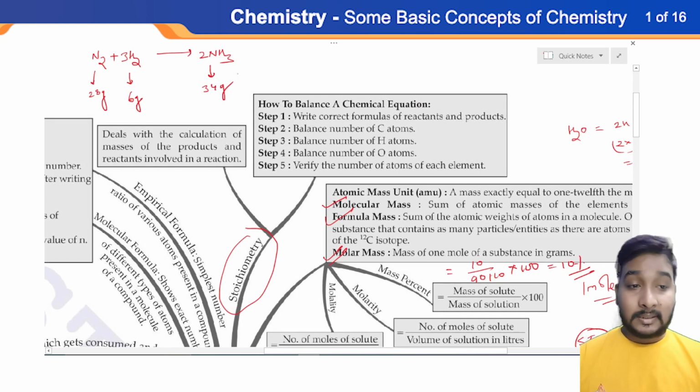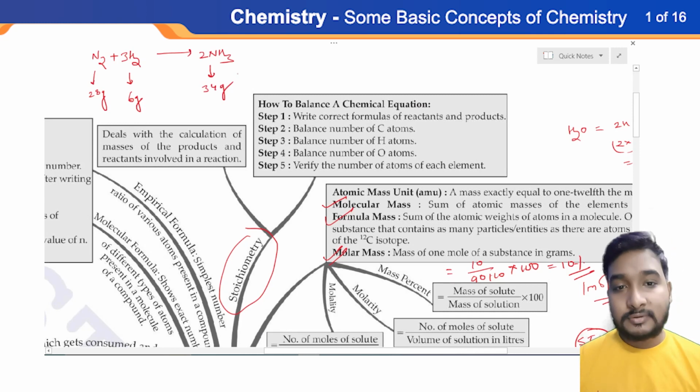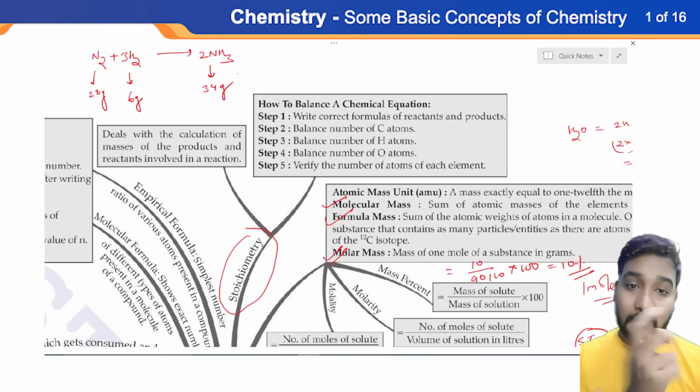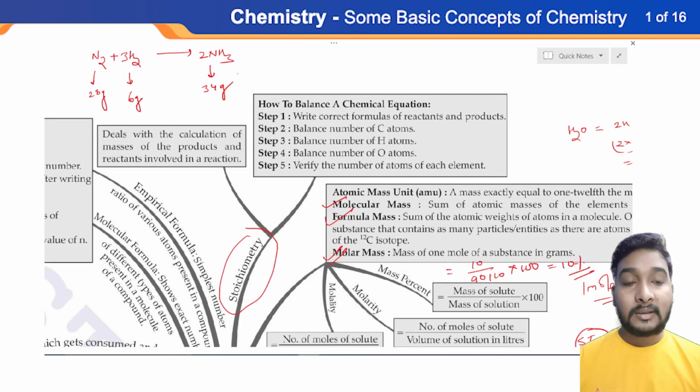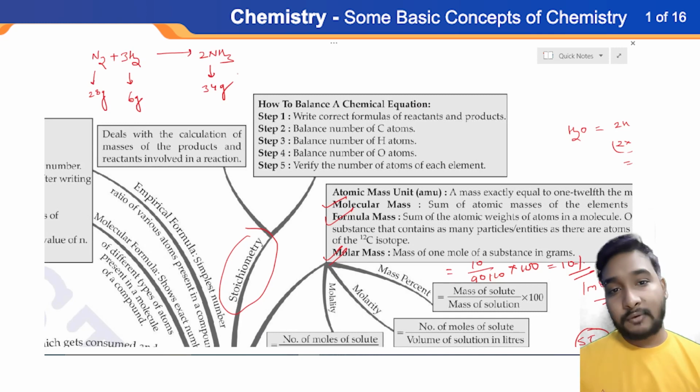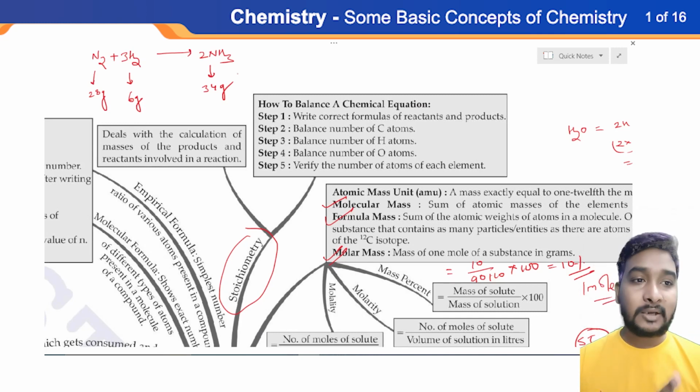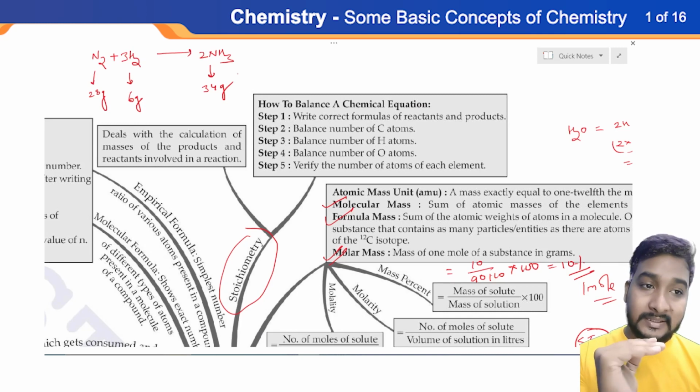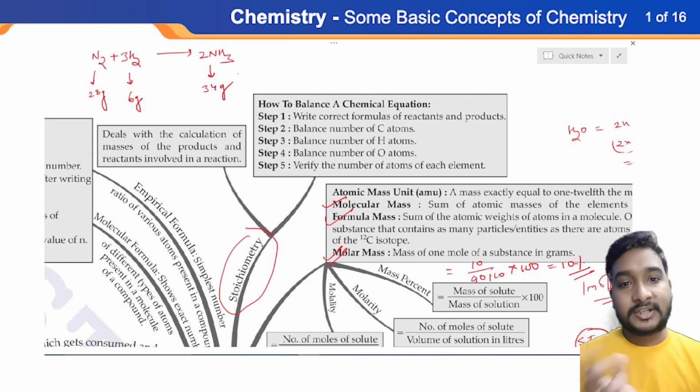Now if I want to set up a factory or industry of ammonia, I know that if I react 28 gram of nitrogen with 6 gram of hydrogen, I'll definitely get 34 gram of what? Ammonia.